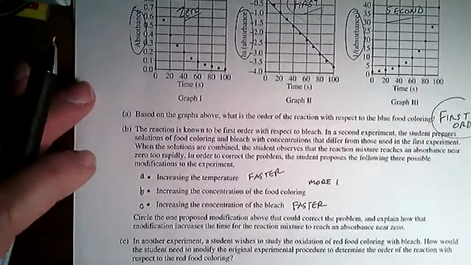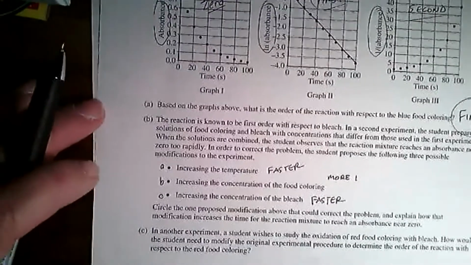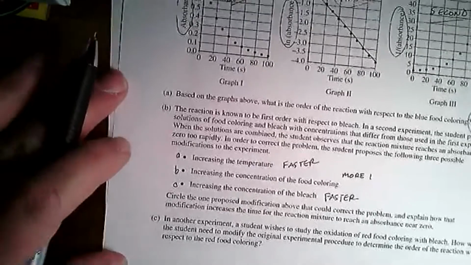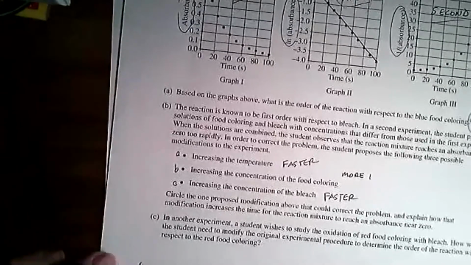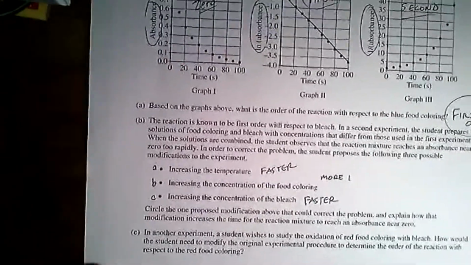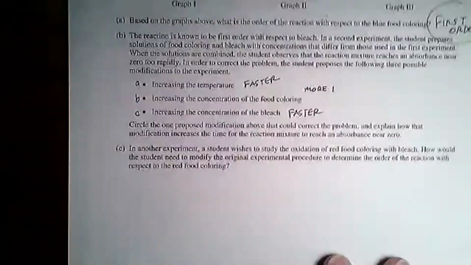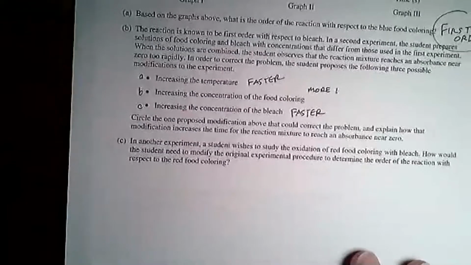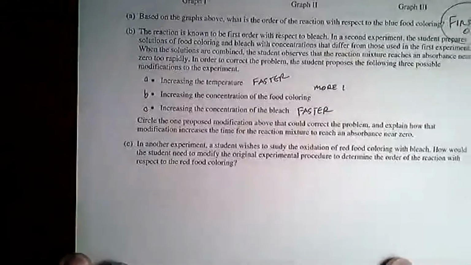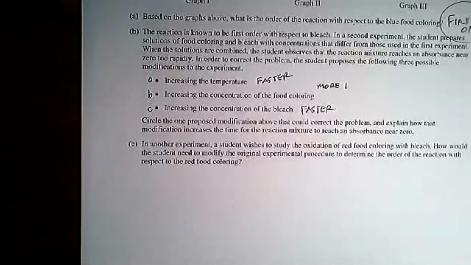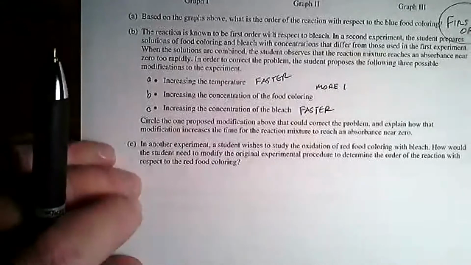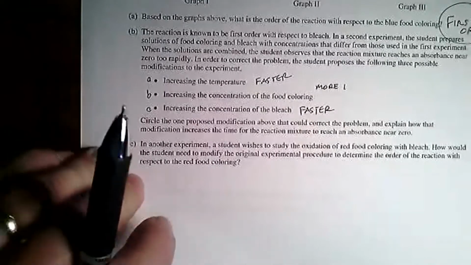Okay, let's move on. On to C. In another experiment, a student wishes to study the oxidation of red food coloring with bleach. How would the student need to modify the original experimental procedure to determine the order of the reaction with respect to red food coloring?